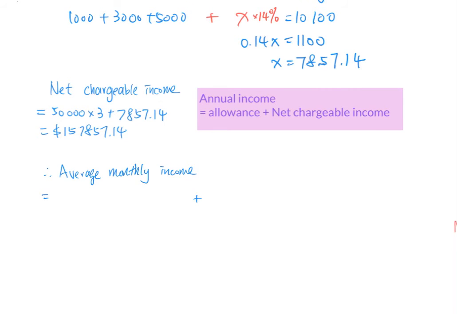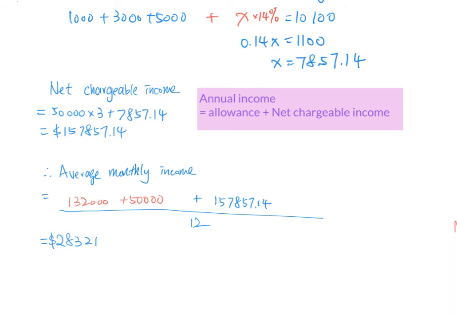So I'm going to add the allowances and the net chargeable income first, and then divide it by 12 months. So you get $28,321. We always correct to the nearest dollar, and of course, the question will guide you to do so. So finally, we have completed calculating this question.